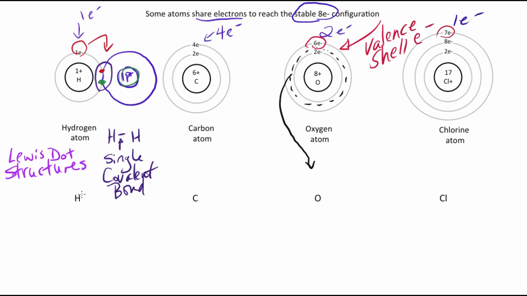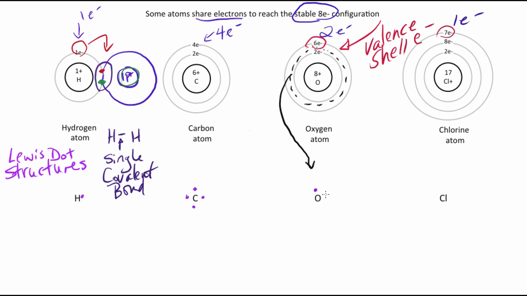for hydrogen, looks like that, right? The H symbolizes the nucleus, and the dot symbolizes the electron. Carbon has 4 outer or valence shell electrons. Here we go. This is the Lewis structure for a carbon atom. The Lewis structure for an oxygen atom has 6 electrons.